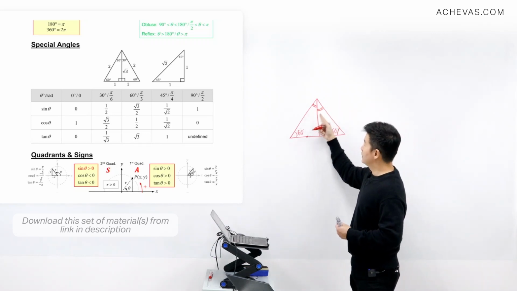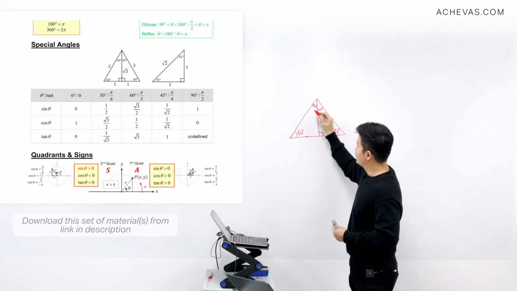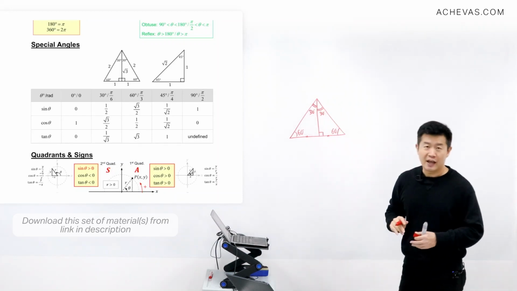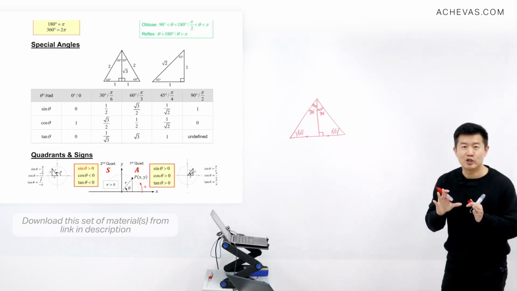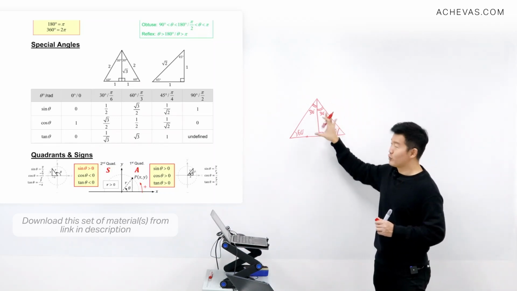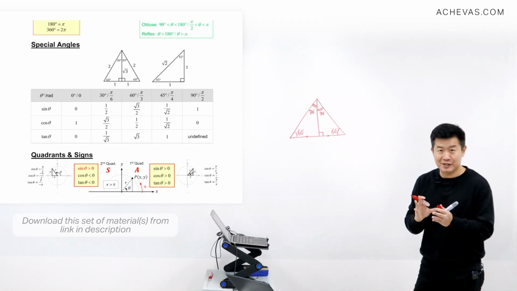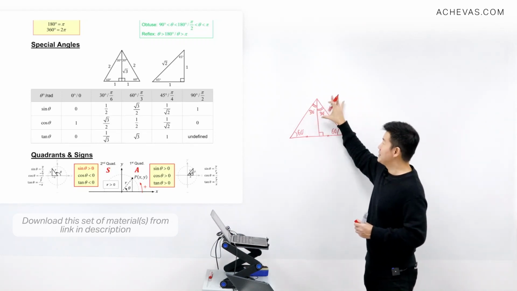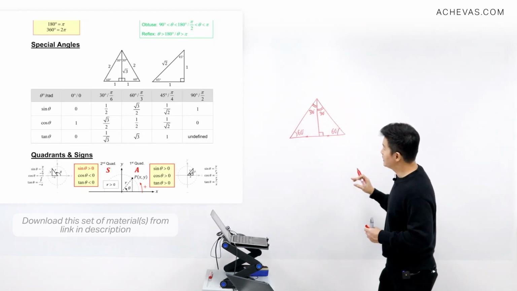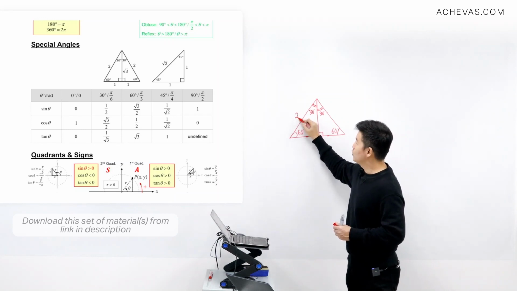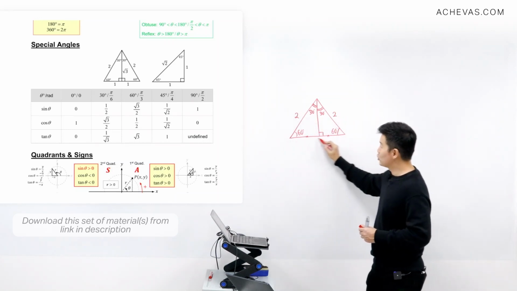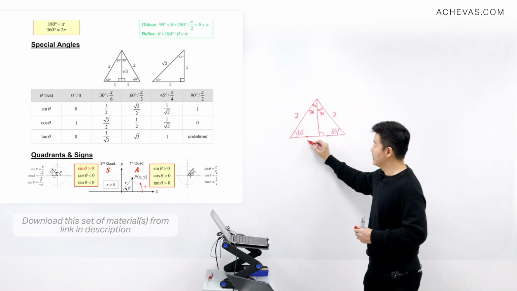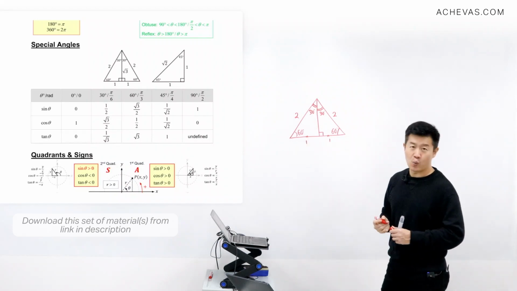And since in total it is 60 degrees, dividing it by 2, this gives me 30 degrees and 30 degrees. And I'm going to give the smallest integer values that can represent the lengths of the triangle that I see here. So I'm going to go for 2 here, 2 here, and 2 here, but because it is bisected, it's going to be 1, 1.